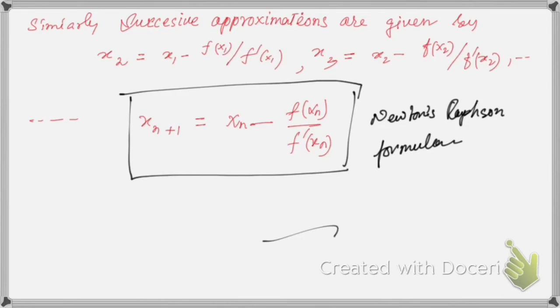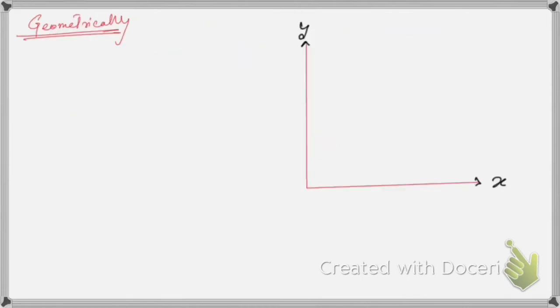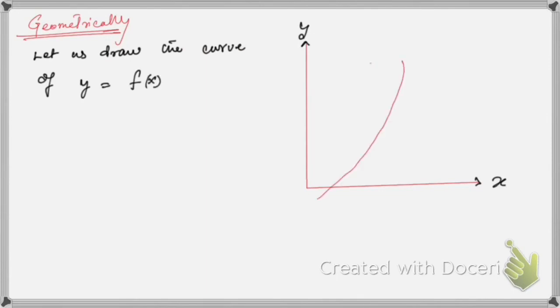Now let us discuss the graphical representation of this formula. To represent it geometrically, first let us draw the curve y is equal to f of x. Suppose this is the curve, and this point is x naught comma f of x naught.